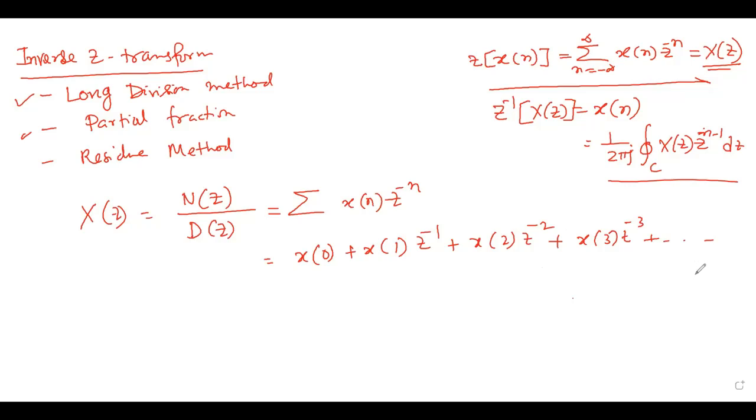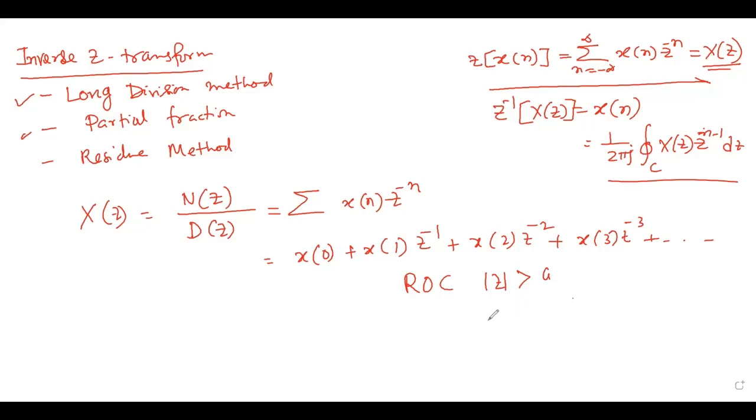You may wonder, why is the sir not writing the minus signs? Now you know the ROC. If the ROC is given as mod z greater than a, that means we need to write it as a power series of z to the power minus.